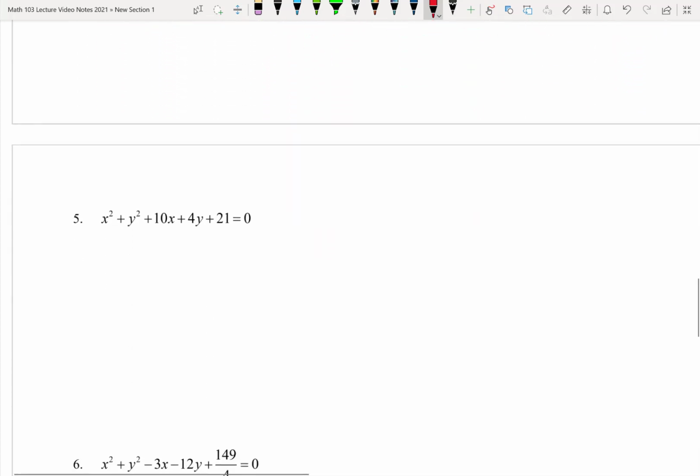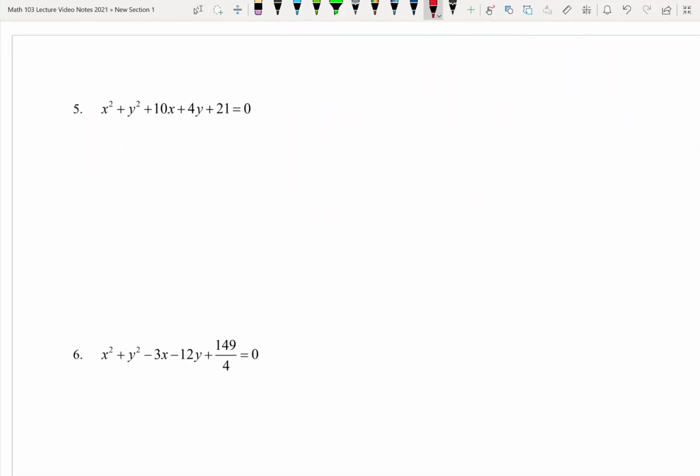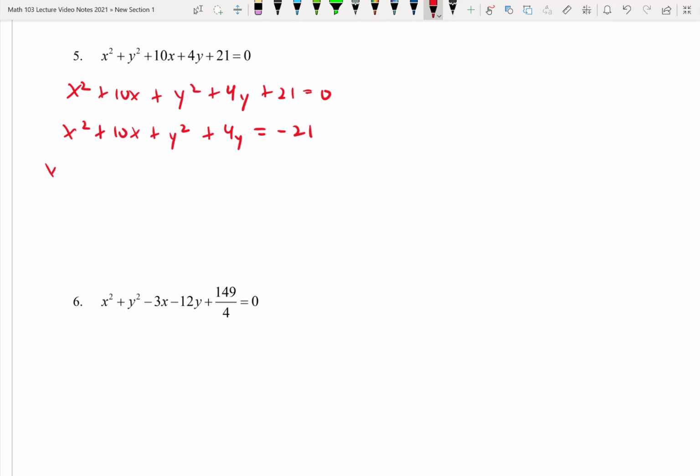All right, we're going to run through a couple more of those. Again, we want to group x terms together. Get the constant on the other side. And then we're going to complete the square twice, once for x, and the second time for y.